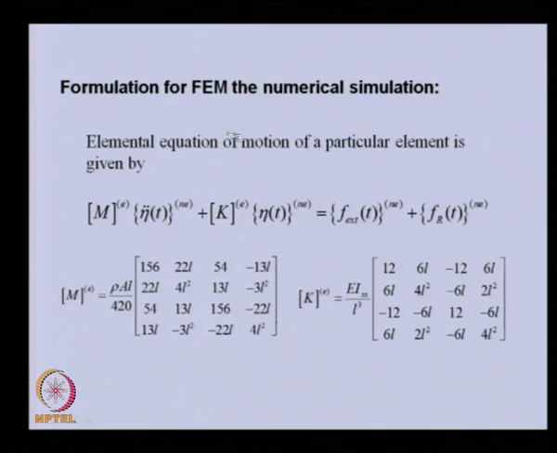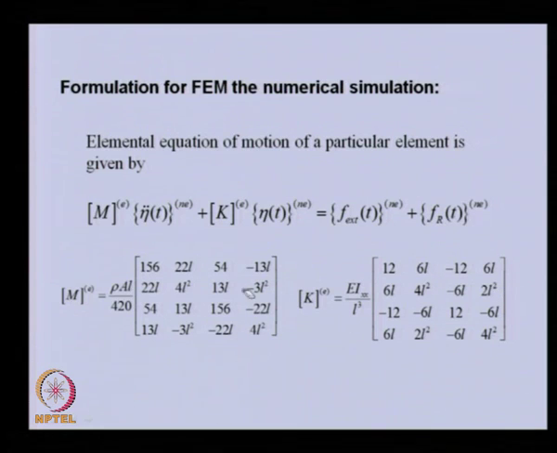The elemental equation of motion for a particular element, in general, we have already obtained earlier and discussed. For one of the elements, the typical elemental equation is like this, in which this is the external force, this is the reaction force, and these are the stiffness matrix, mass matrix, and the displacement vector. This mass and stiffness matrix we derived earlier, which has this particular form.